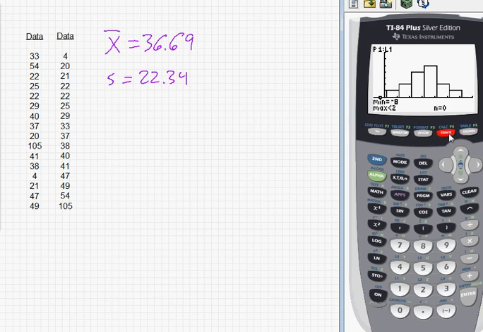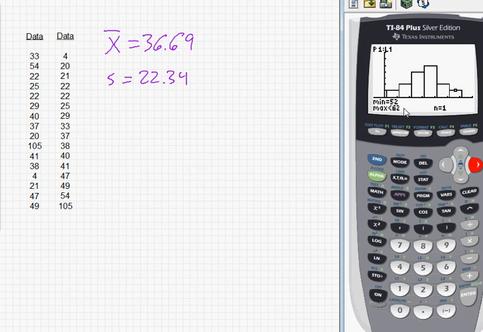We can hit trace, and we can see that it goes from 2 to 12. We have a fairly symmetric histogram. You'll actually notice that this only goes up to 62. And this is something you have to be careful about when creating histograms, especially with the calculator.